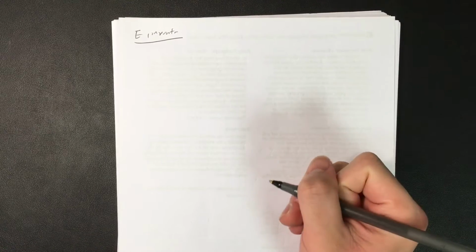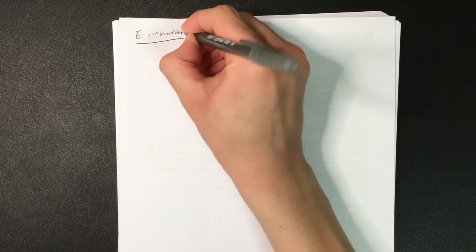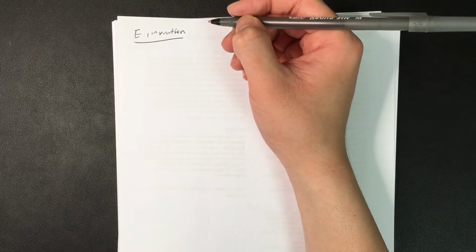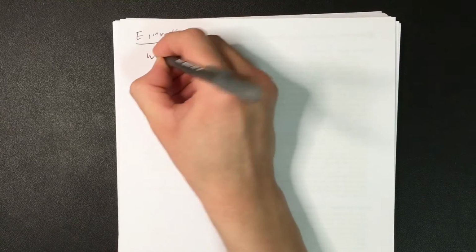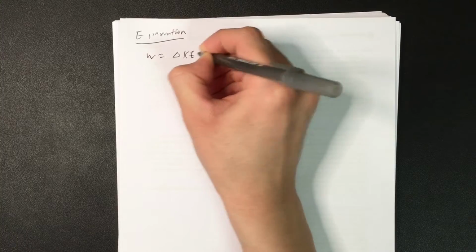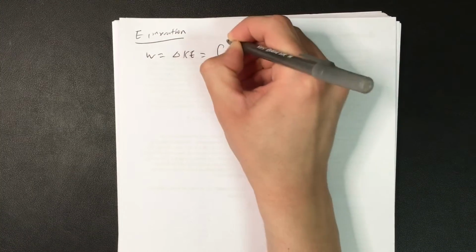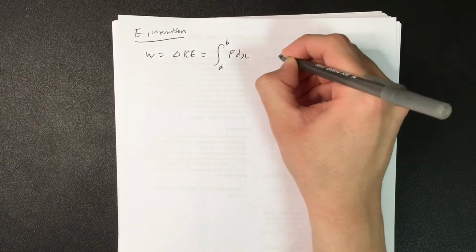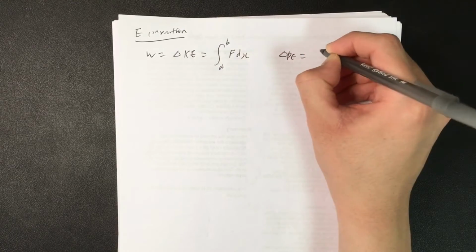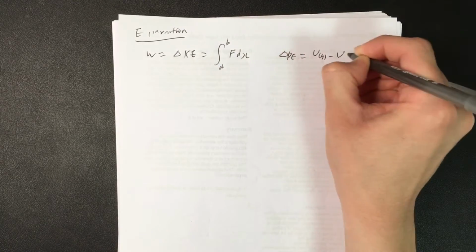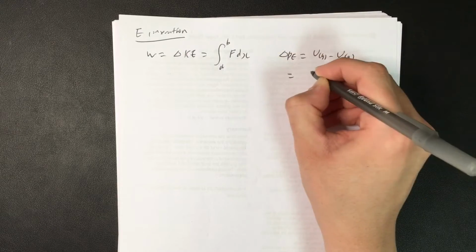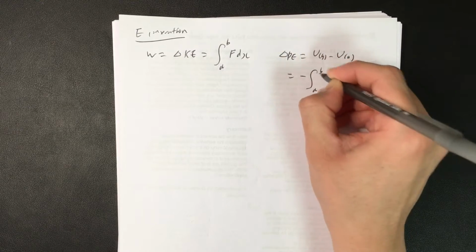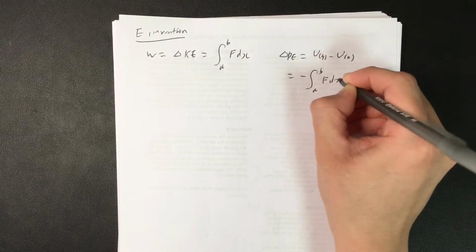Now, the reason why a conservative force is called conservative is because energy is conserved. Remember, work equals the change in kinetic energy, which equals the integral from position A to B of F dx. And the change in potential energy equals U of B minus U of A, which equals the negative integral from A to B of F dx.